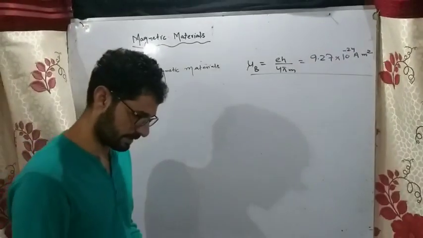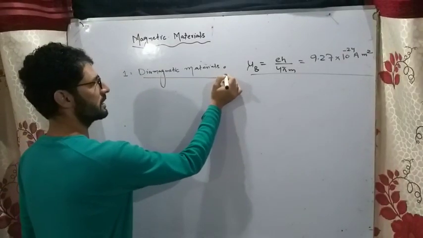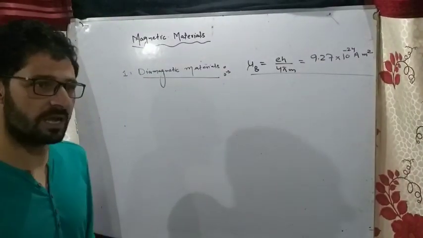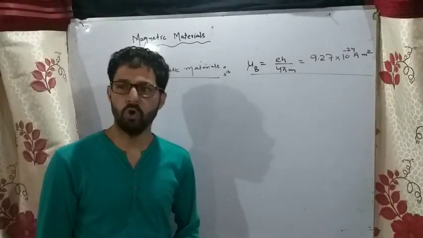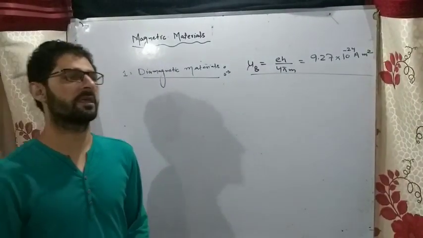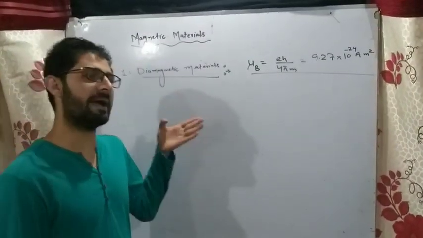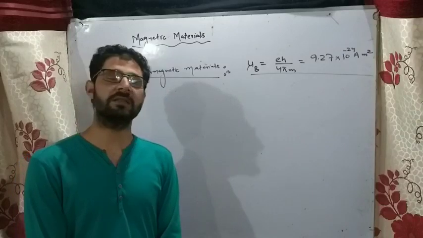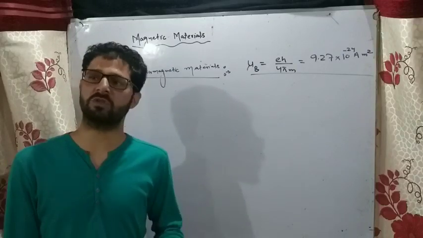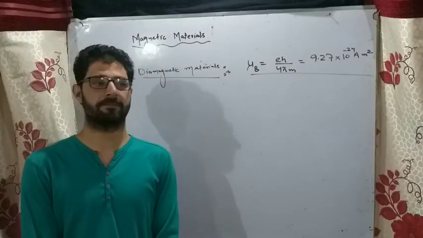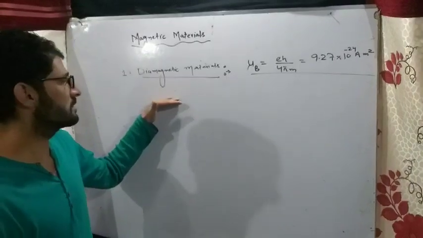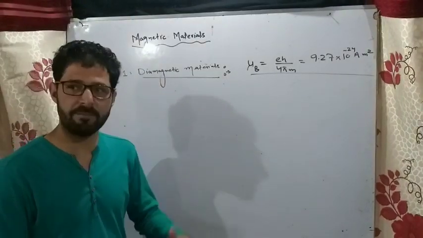So what are the diamagnetic materials? What are the diamagnetic substances? Those substances which are weakly repelled by the external magnetic field, or which are weakly magnetized in the direction opposite to the direction of the applied magnetic field, are called diamagnetic substances. So diamagnetic substances are those which, if we place them in an external magnetic field, do get magnetized, but in the direction opposite to the applied magnetic field, or they are weakly repelled by the magnet.